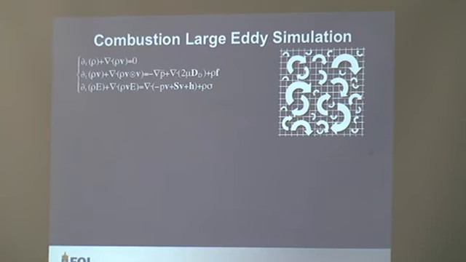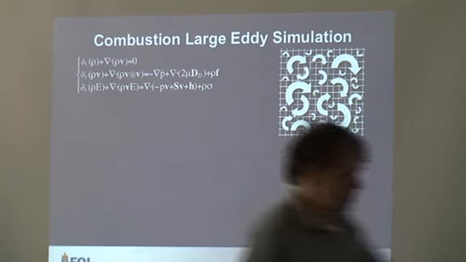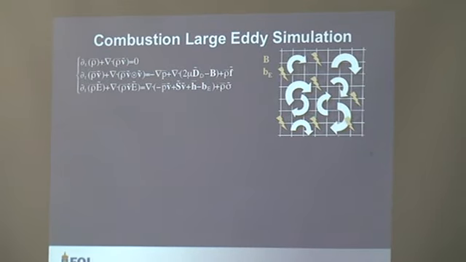What we do in LES is that we try to simplify the problem. These are the equations for non-reacting flows that we look at. This is a schematic illustration where you have eddies at various scales. What you do is apply some kind of spatial filtering, to remove the small scale eddies and replace the effect of them with models in the equations.